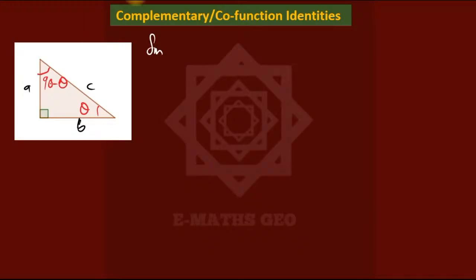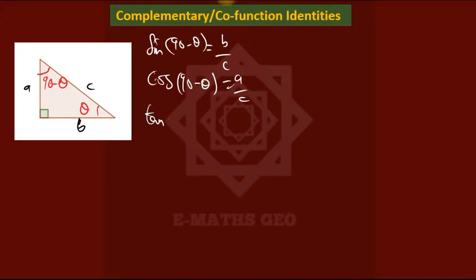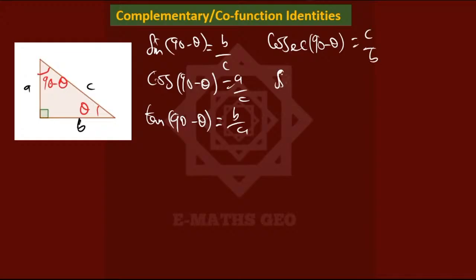So we have that sine 90 minus theta, opposite is now B and the hypotenuse is still C. So we have cos 90 minus theta will now be A over C, why tan 90 minus theta is now B over A. So again, cosec 90 minus theta will now be C over B, why sec 90 minus theta will be C over A. So cot 90 minus theta will now be A over B.